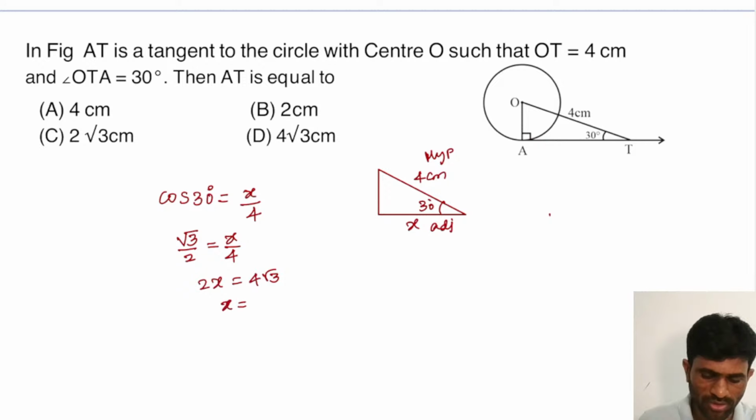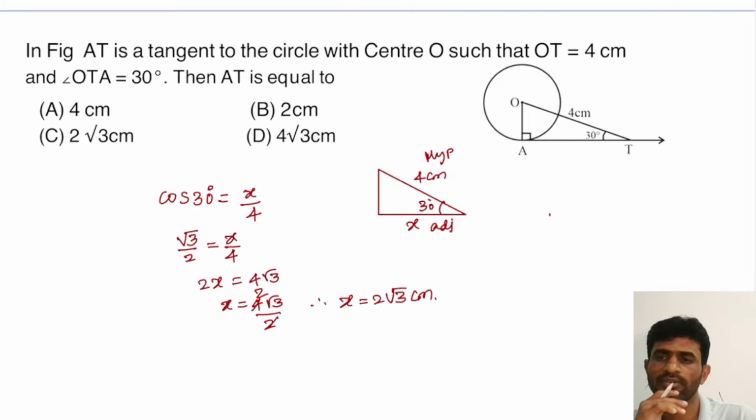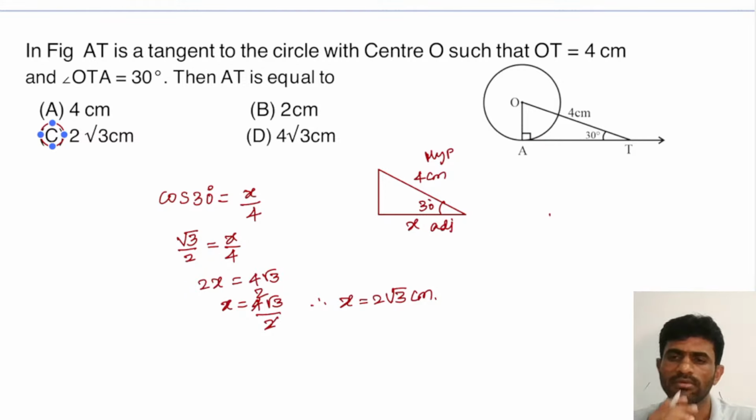So x is equal to 4 root 3 by 2. 2 ones are 2, 2 twos are 4, so x is equal to 2 root 3. Hope you understood this, everyone. So option C is correct, 2 root 3 centimeters.